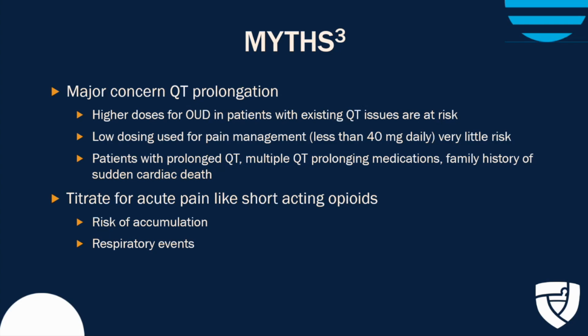However, lower doses used for pain management, generally less than 40 milligrams per day, have very little risk of significant QT prolongation that can put a patient at risk for arrhythmias. However, for patients that do have prolonged QT at baseline, multiple QT prolonging medications, or a family history of sudden cardiac death, the risks may outweigh the benefits of using methadone instead of a different agent for pain.